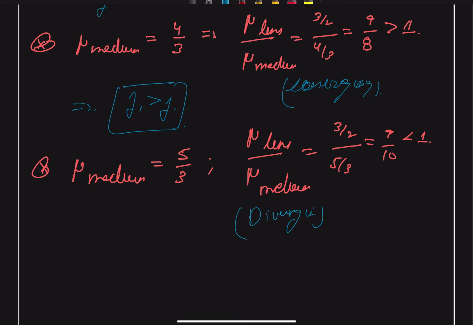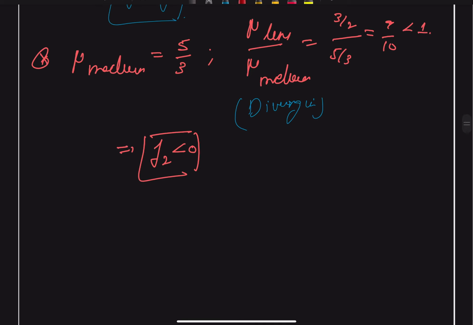So therefore we can say that our f2 will be less than 0. So we can combine these two options and form a result that our f1 is greater than f and f2 becomes negative.